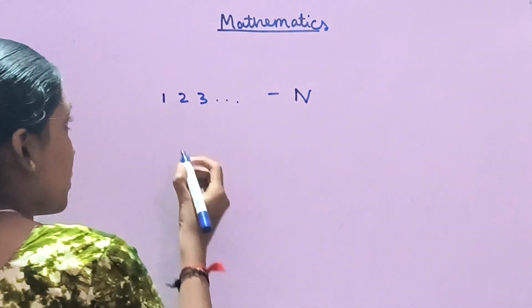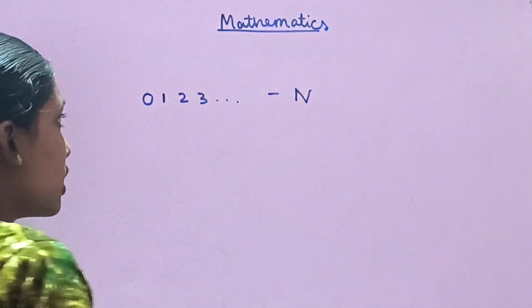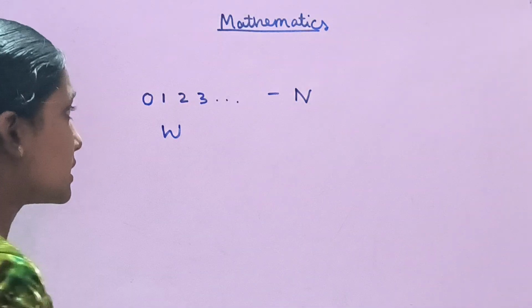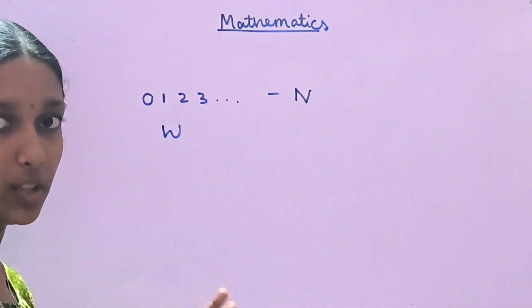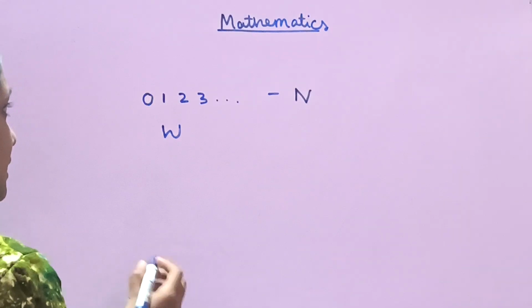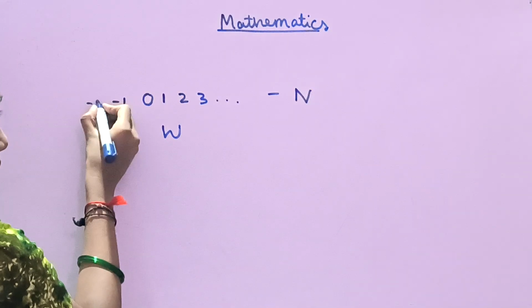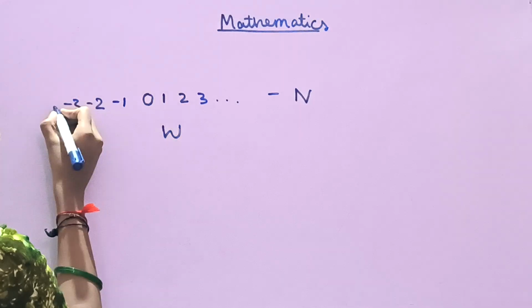Then we learnt about 0. When we add 0 to these natural numbers, we get whole numbers, which is denoted by W. After the whole numbers, we learned the negative numbers, which are -1, -2, -3 and so on.